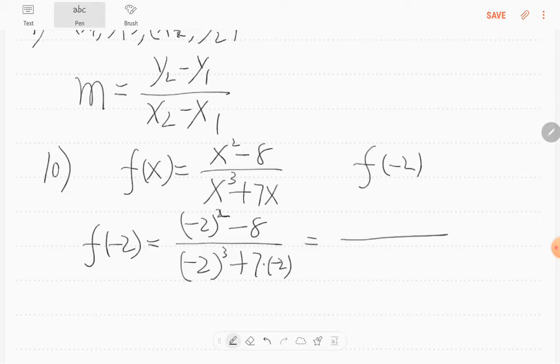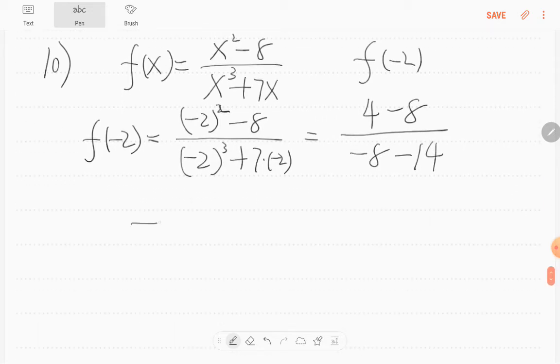Let's do the calculation. So this is 4 minus 8, over negative 8 minus 14. So this would be equal to negative 4 over negative 22. Let's simplify it. We divide by negative 2 on the top and the bottom. So this would be 2 over 11. So this is your answer.